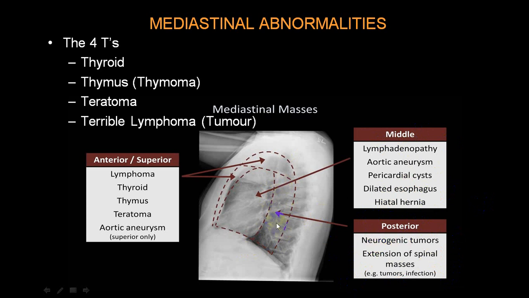Neurogenic tumors, nerve fiber tumors, or because of the spine. So mainly in the posterior mediastinum, it is related to the spine or to the nerve fibers. Neurogenic tumors are related to the spine, either tumors or secondary metastases or Pott's spine, etc. So just remember this, this is a very useful slide.